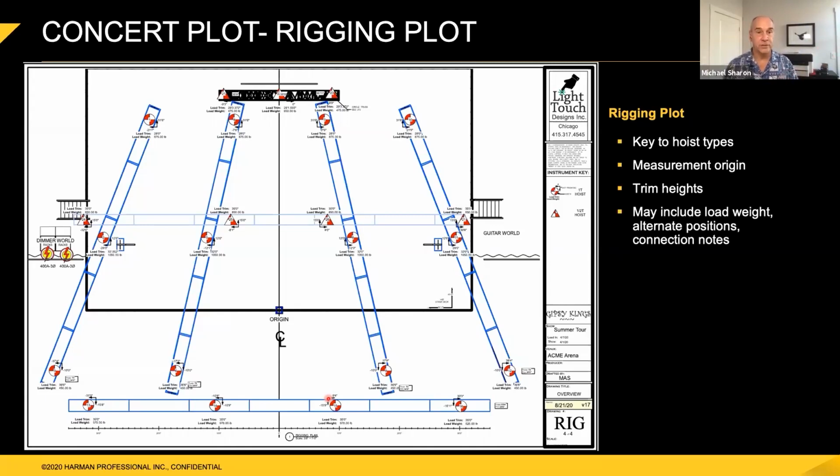Ultimately, an engineer or a rigger needs to be able to look at it and say, yes, this is safe. So again, another drawing I can just hand to the riggers and say, here's the information you need, and they can take it and run with it. Again, I don't have to sit and explain a whole bunch of things because all the information is given and it's done clearly.